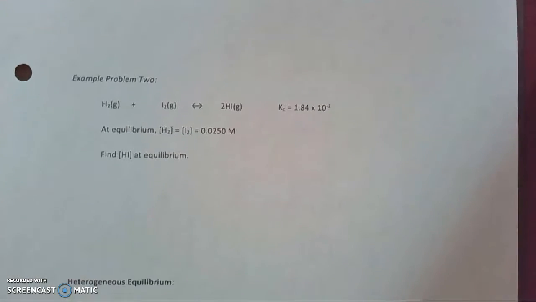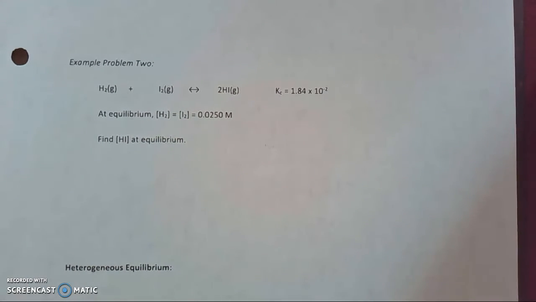And with example number 2, here we're given another equilibrium equation. And this time we're given a Kc value. So 1.84 times 10 to the minus second. And we're told at equilibrium, H2 is equal to I2, and they're both 0.0250 molar, and we want to find HI at equilibrium.